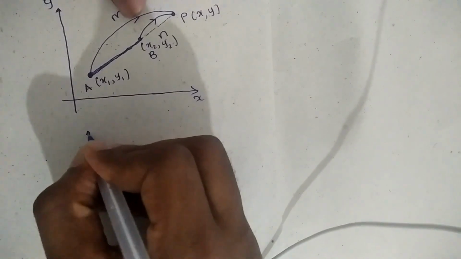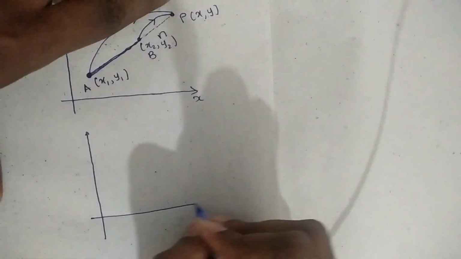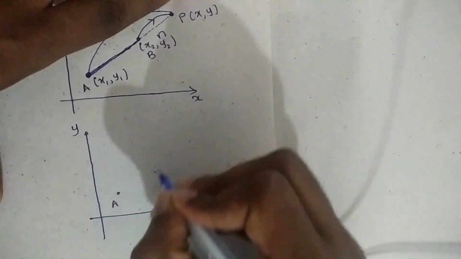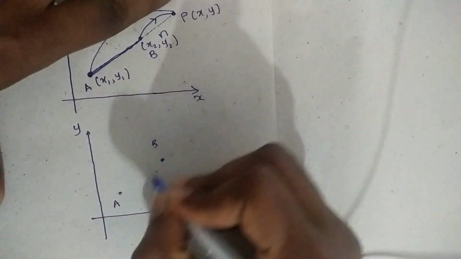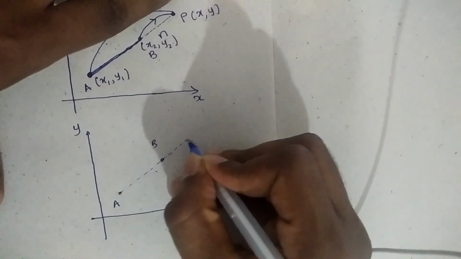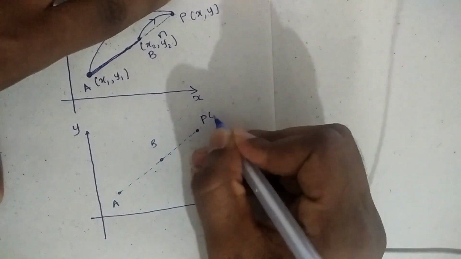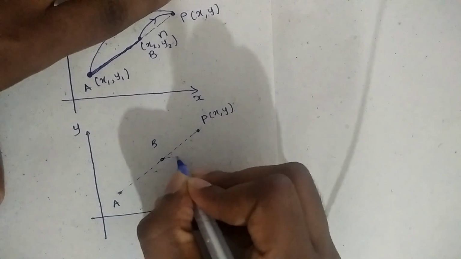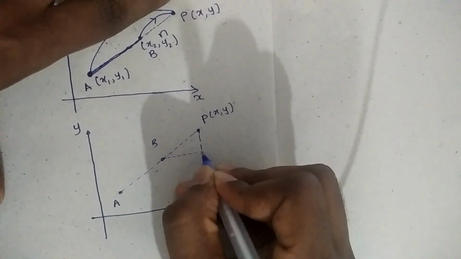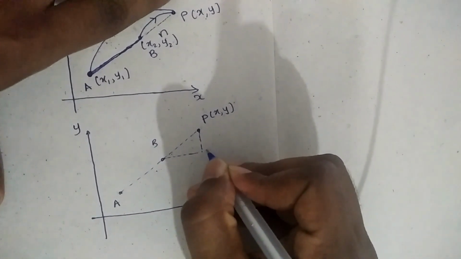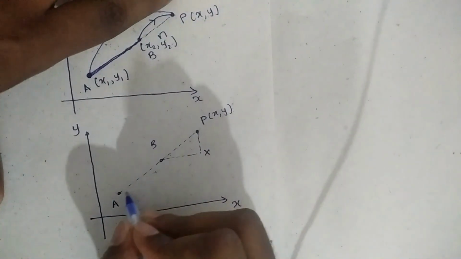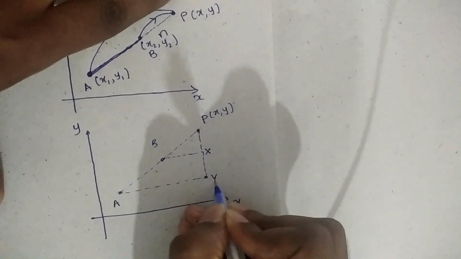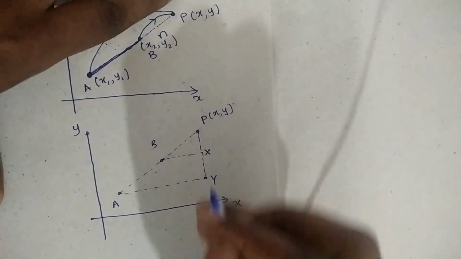So now you're going to have 2 triangles like this, with x and y. Let's say this point is A and this point here is B. You are extending this line up to point P, where P is x comma y. Now you can consider 2 equiangular triangles, APX and APY.